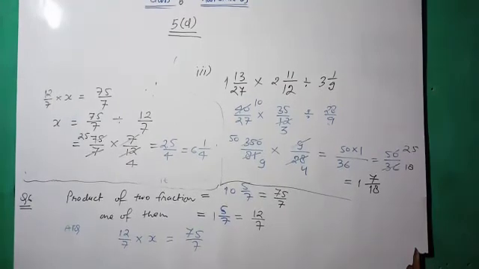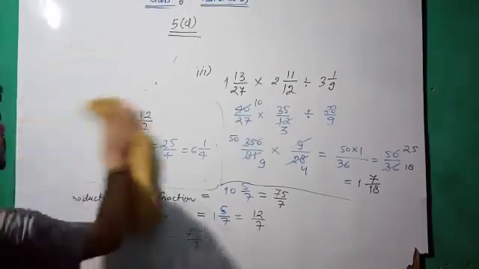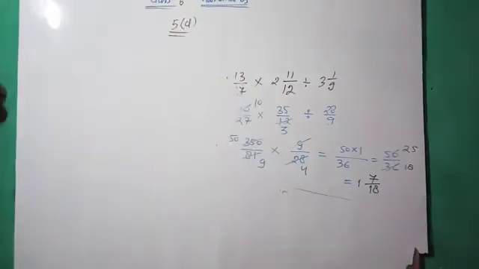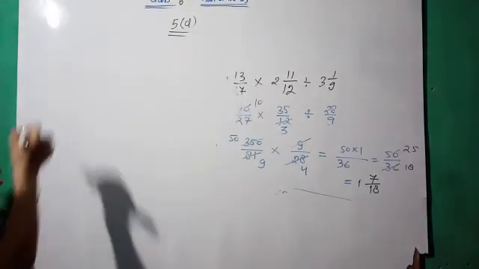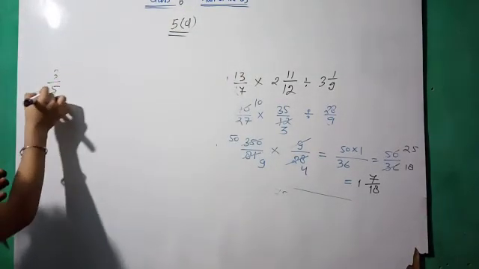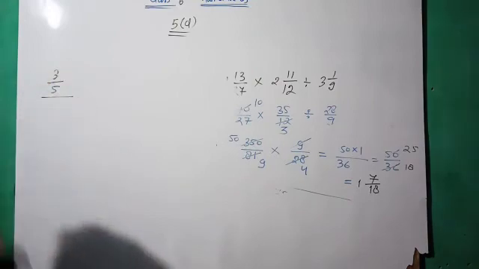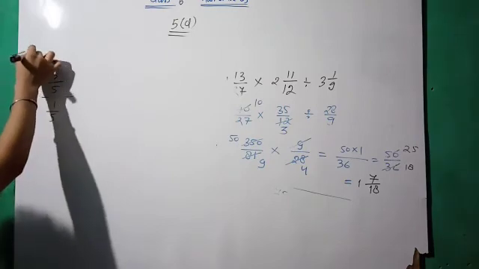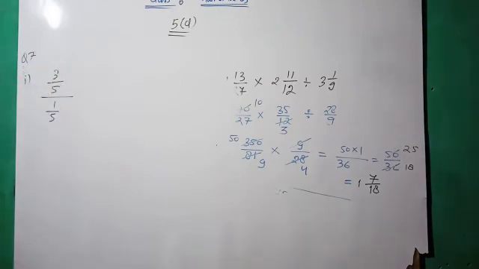In the first part of question 7 we have 3 by 5 divided by 1 by 5. We have a number in a somewhat different form, like 3 by 5 over 1 by 5.